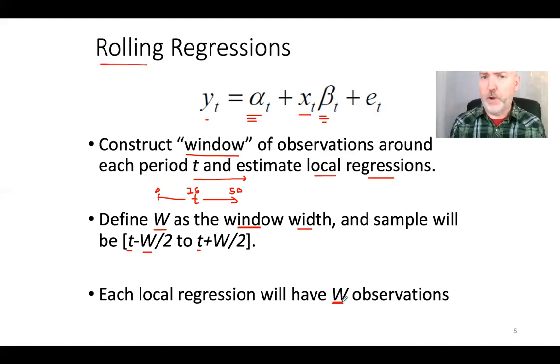And that's just a reminder that in order to get any sort of validity out of this, you don't want that window width to be below 30. What the value is going to be depends on your overall sample. If you've got 1 million observations, you might throw 1,000 or 5,000 into that window. If you only have 200 observations, you might want to make it a little bit more narrow.